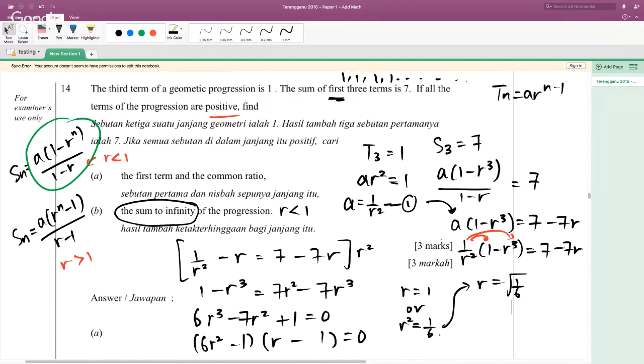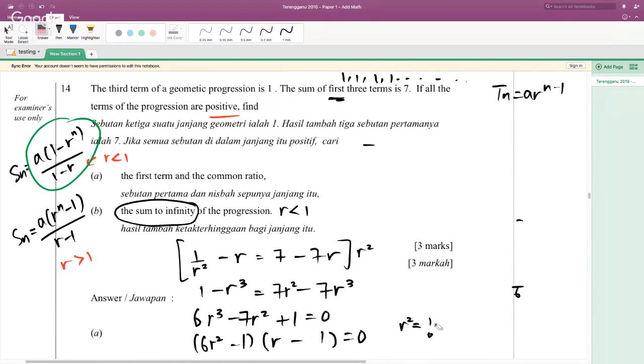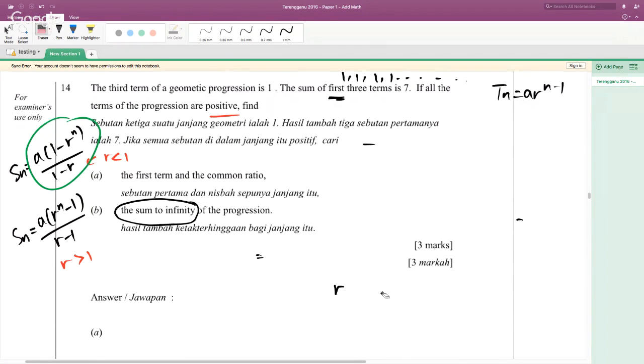Okay, let me just redo the whole question again. Let me use another method to do this one. This is a GP, right? Yeah, this is a GP.